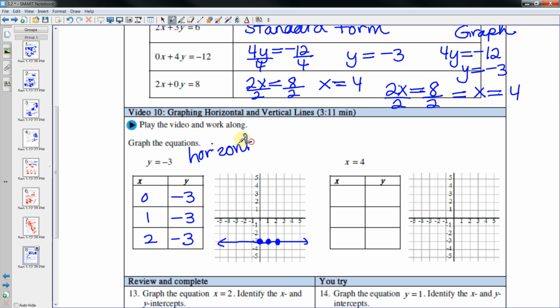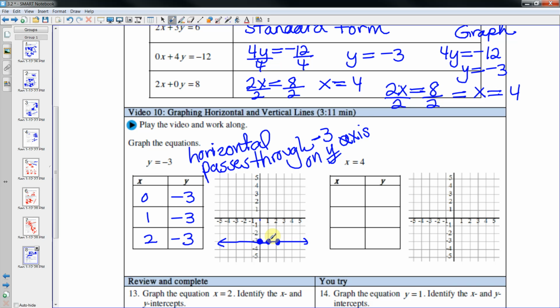And it passes through, you guessed it, negative 3. So if you have y equals negative 3, it passes through negative 3 on the y-axis. That's important because it was y equals negative 3. It passes through negative 3 on the y-axis.